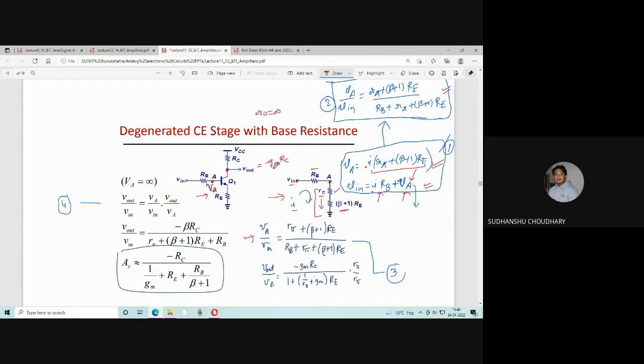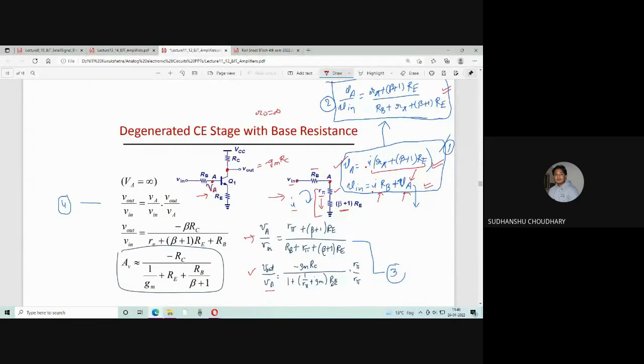So we want to find the V out by VA ratio. V out would be minus GMRC and VA we have already calculated here, that is this part. So you put V out as minus GMRC, VA from here. Okay. So you get this relation.